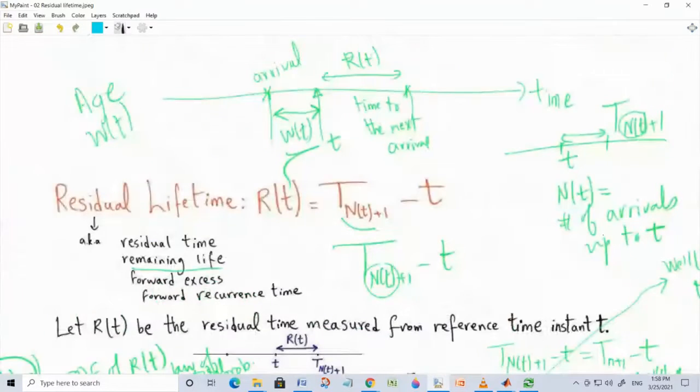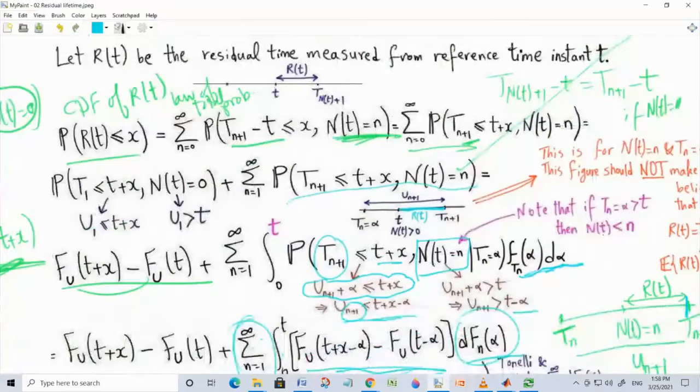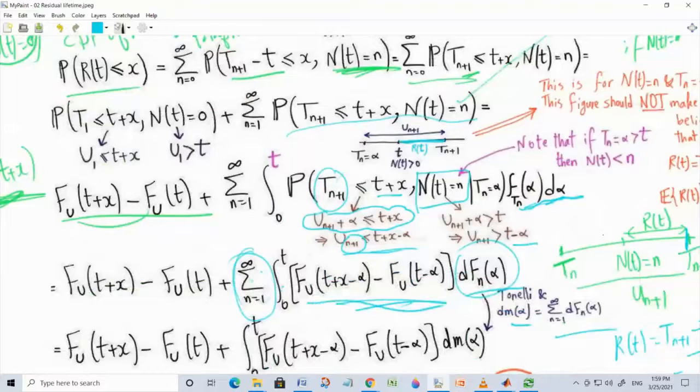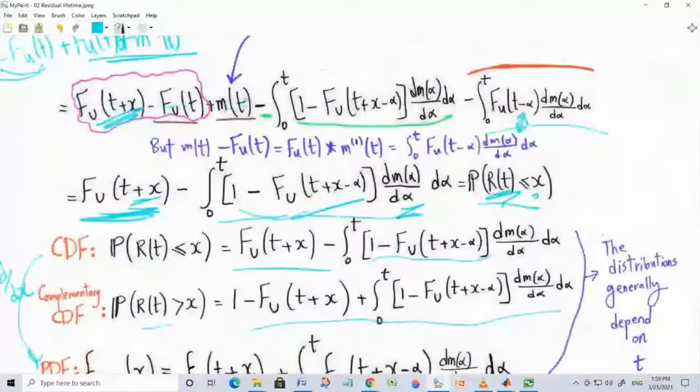But for the general case in which the inter-arrival time has a general PDF, things become complicated. Here you apply the law of total probability once by conditioning on big N of t equal to small n, and then again by conditioning on the time of the nth arrival. Things look complicated because we don't have the exponential.